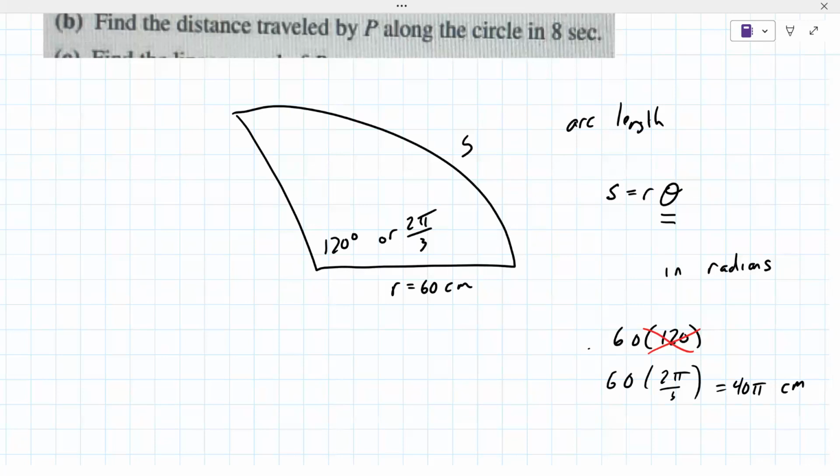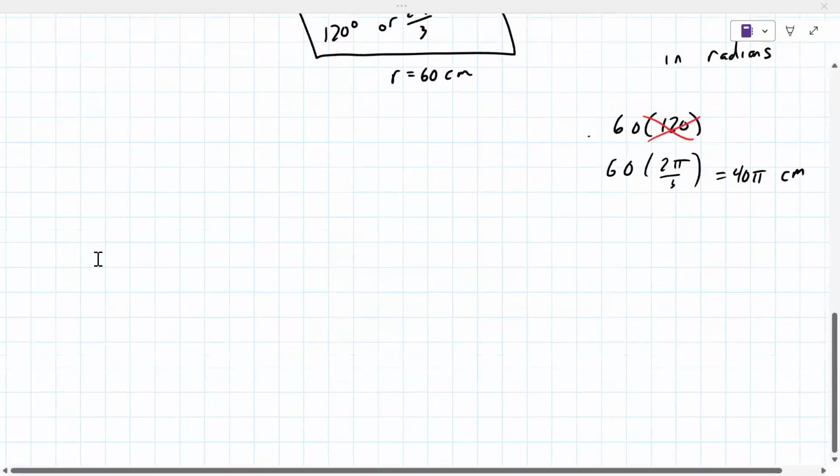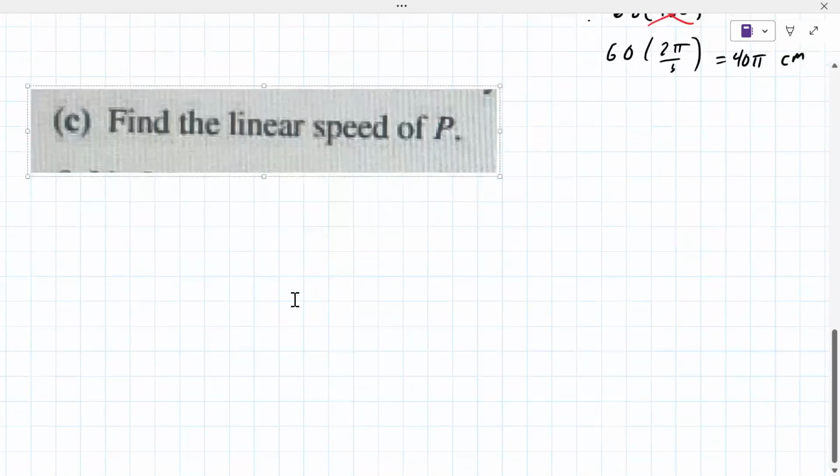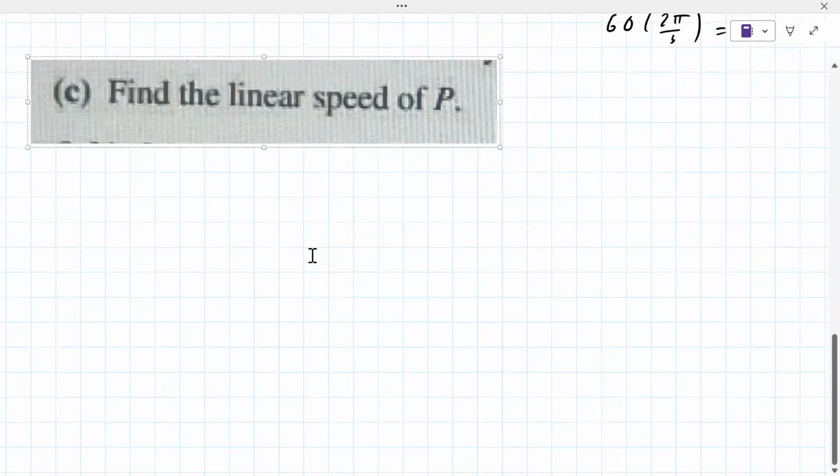Okay. Now, for part C, did you get any formulas for linear speed, angular speed, anything like that? We got linear velocity. Yeah, angular velocity, it's the same thing. What do you have for that?